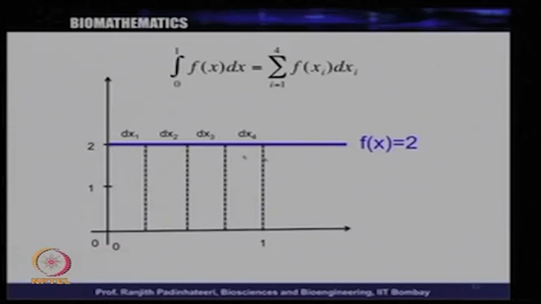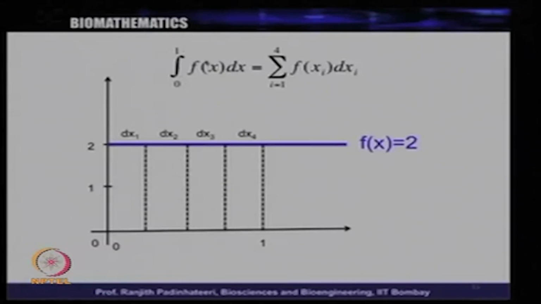We have this curve f of x equal to 2, and if we can find out the area under this curve between 2 points 0 and 1, we would say that we found the integral of this between these 2 points.